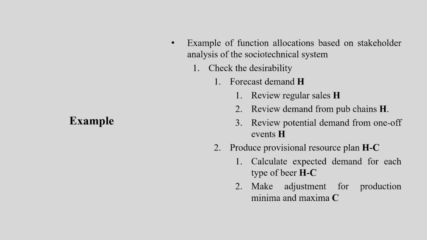Now you can see that for all these forecast demands, it's completely based on human review. So the person himself or herself needs to do this task. For this we really need specialists, and they are employed for that particular job only.